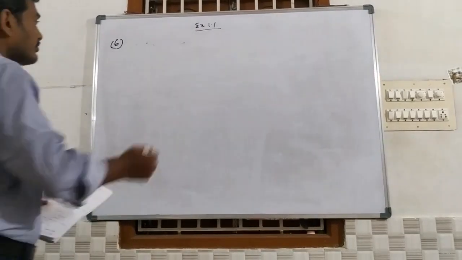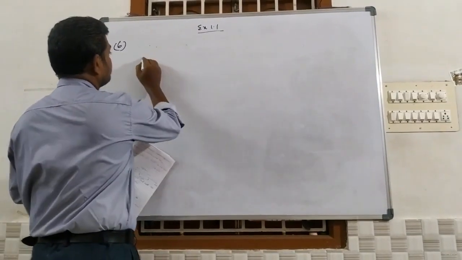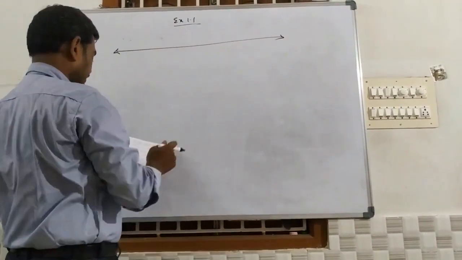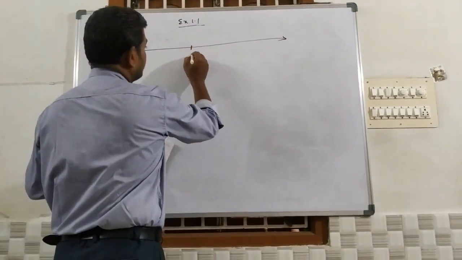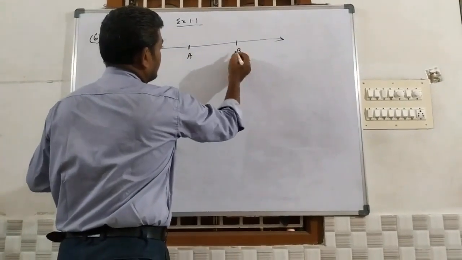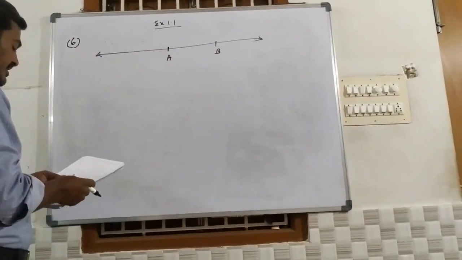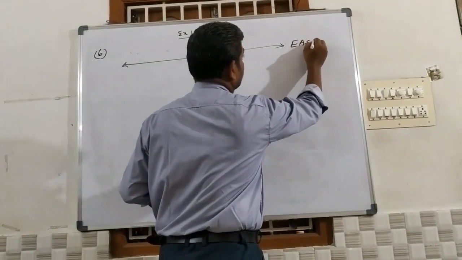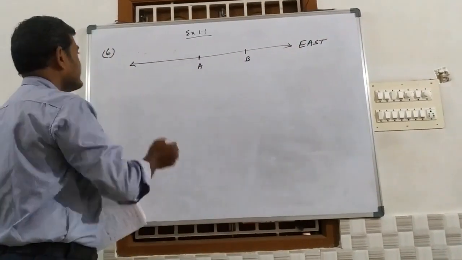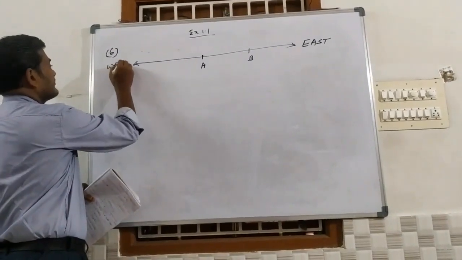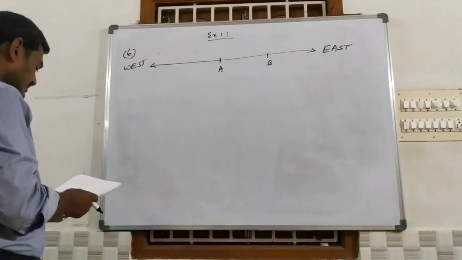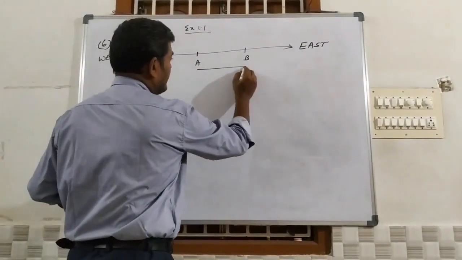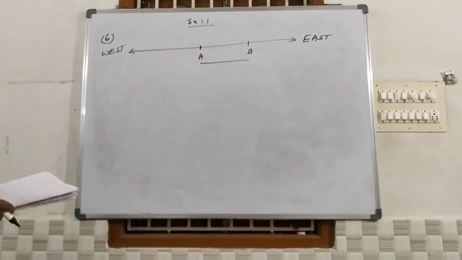Now, we are going to draw one small diagram. Here, there are 2 points A and B. This is east. This is west. Now, from A to B, how many kilometers did she travel?